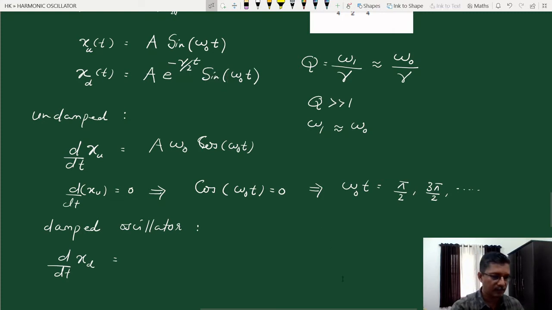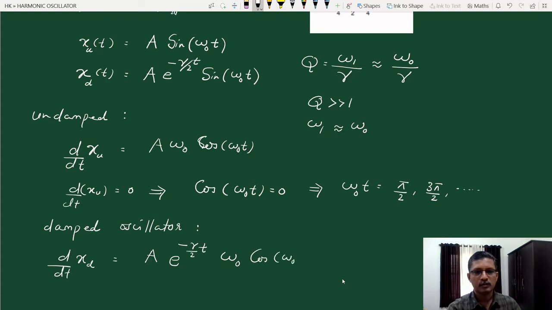So first function into derivative of second function. So A e raised to minus gamma by 2 t, first function, into derivative of second function. The second function is sine omega 0 t. Its derivative is omega 0 times cos omega 0 t. Then derivative of first function. A is a constant. Then e raised to minus gamma by 2 t, there is a minus sign here, minus gamma by 2 times e raised to minus gamma by 2 t. And then sine omega 0 t.